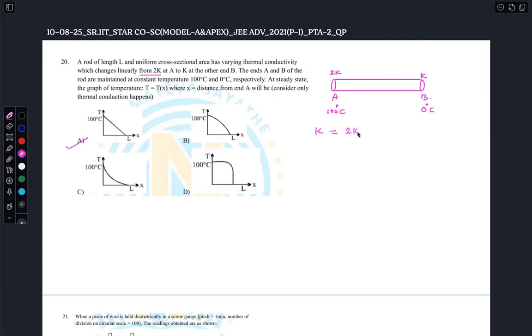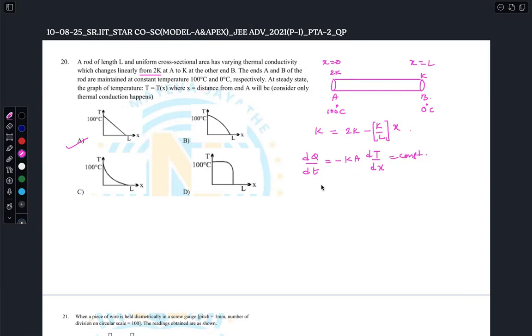K is equal to 2K minus (K by L) times x. That is the K, taking x equal to 0 here and x equal to L here. Whatever it is, dQ by dt is a constant. KA dT by dx is a constant.